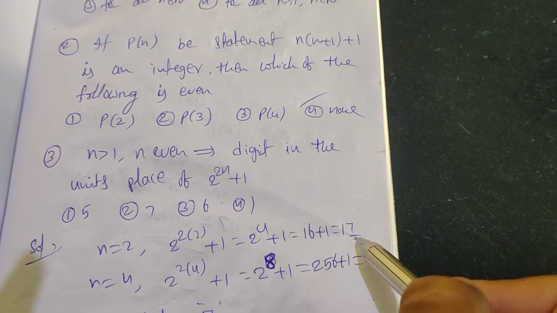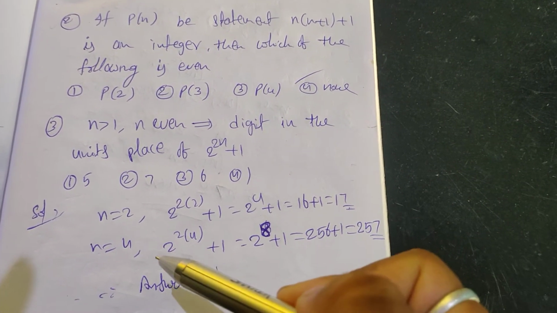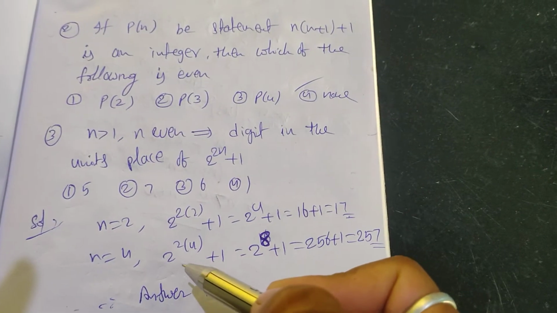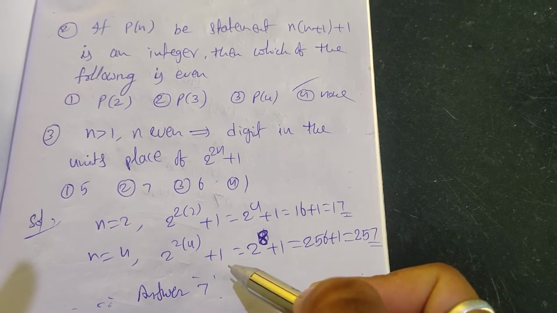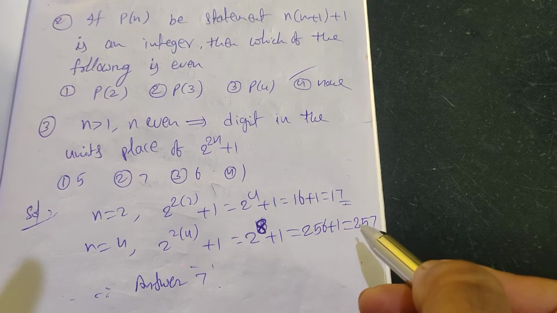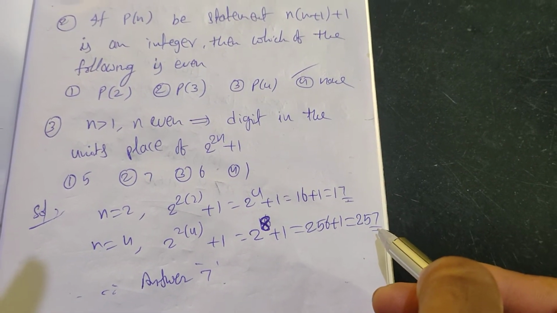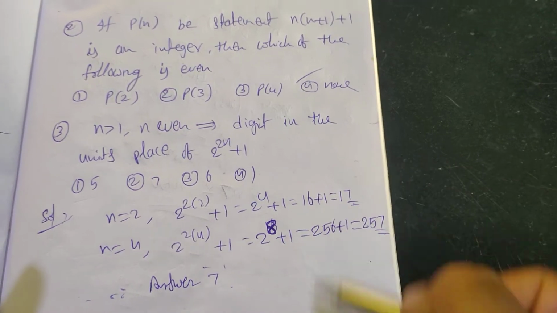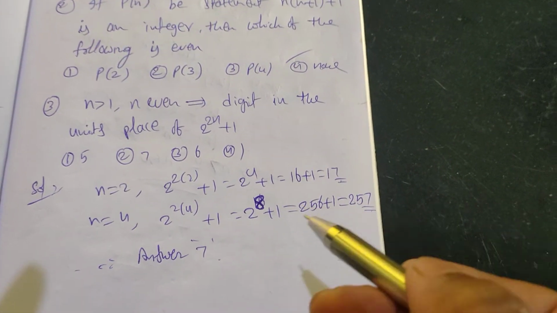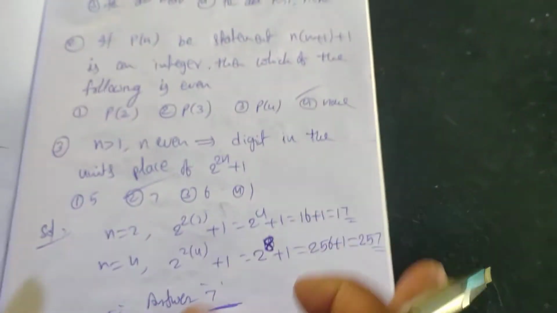Here the unit digit is 7. For verification, take n equals 4 also: 2 power 2 into 4 plus 1, that is 2 power 8 plus 1. 2 power 8 is 256, plus 1, that is 257. So in both cases we got only 7 in the units place. If you go for n equals 6, n equals 8 also, you get 7 in the units place only. So the answer is 7, the second option.